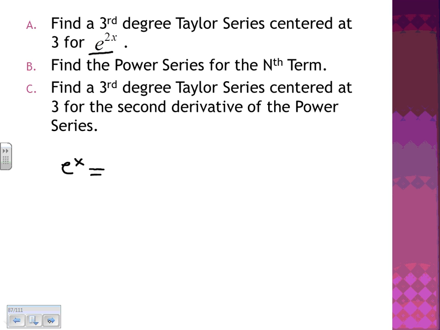If you looked in here, e to the x is one that you would have memorized. This is what e to the x is. AP's okay with this, just use this.